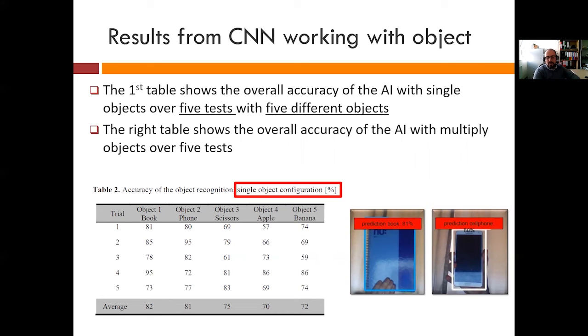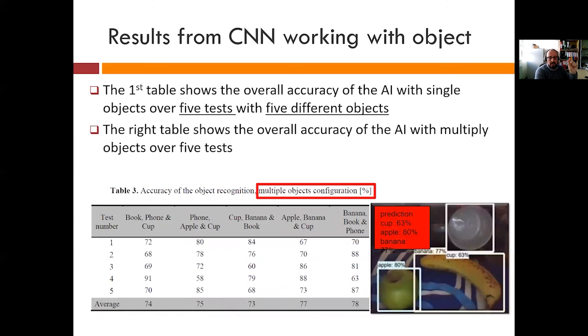But also, we look at single objects, but then we look also at how we recognize multiple objects together. So we put multiple objects in different combinations, like a book, a phone, and a cup, phone and apple, a cup, and so on. Cup, banana, and book, apple, banana, and cup, banana, book, and phone. So you mix these objects.